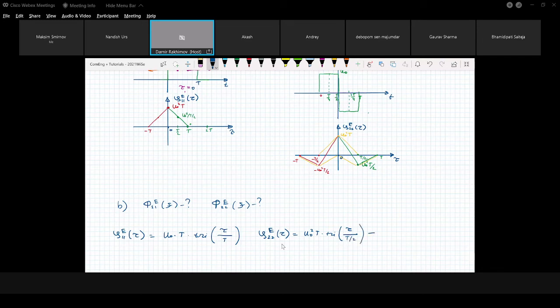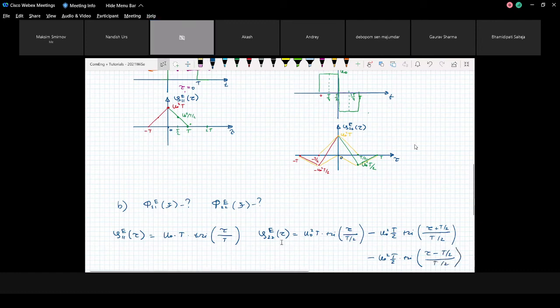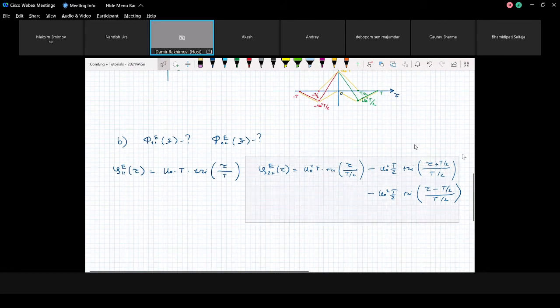Then we write the left triangular function, minus u0 squared over T over 2 times triangular, and we have tau over, we also have to include the shift, tau plus T by 2, divided by T by 2. And minus the third triangular. We have u0 squared over T by 2 times triangular, and we have tau minus T by 2 divided by T by 2. This is the expression for the second correlation function.